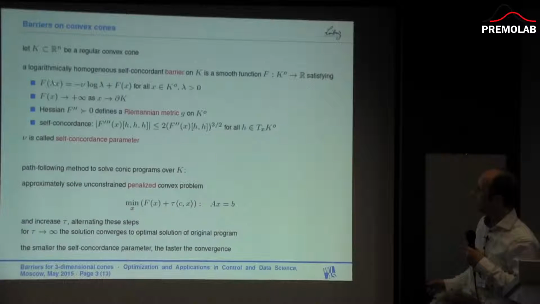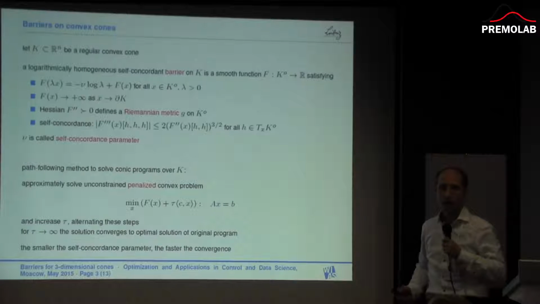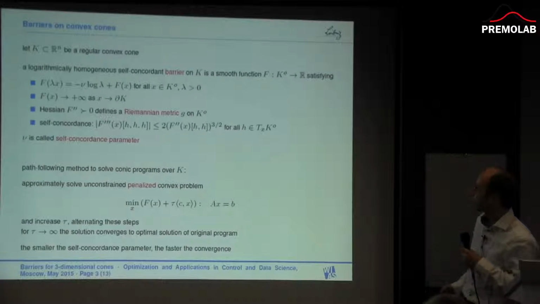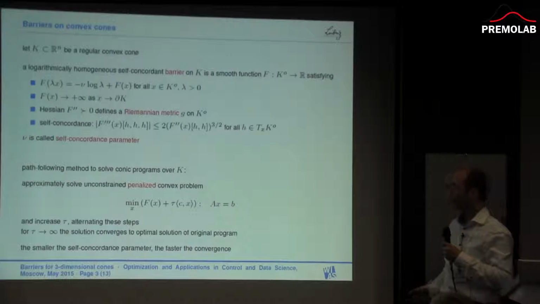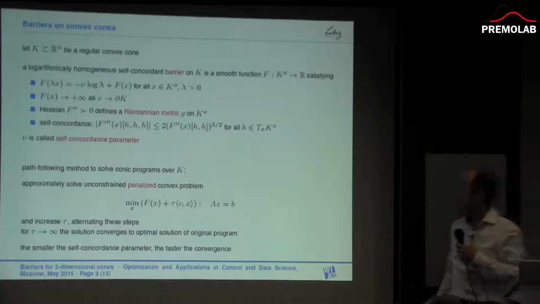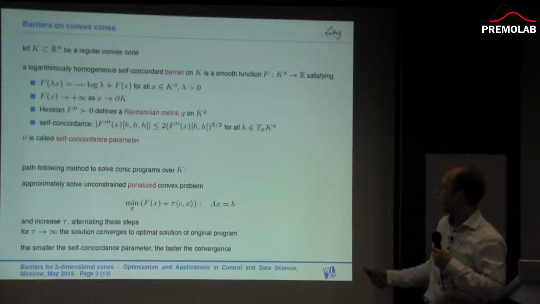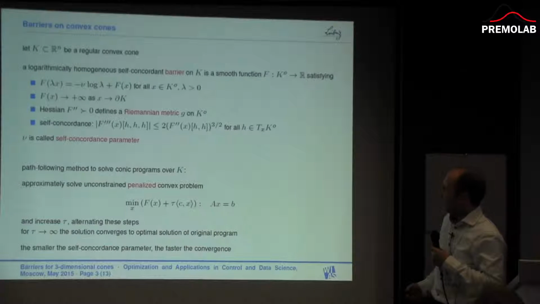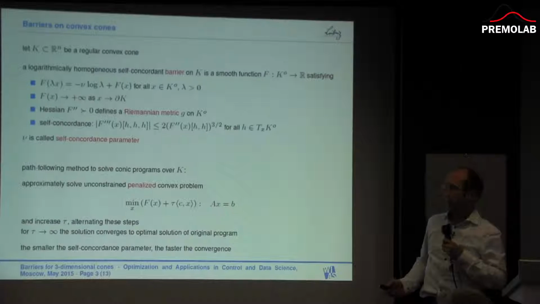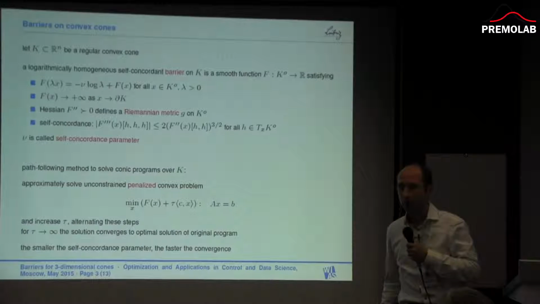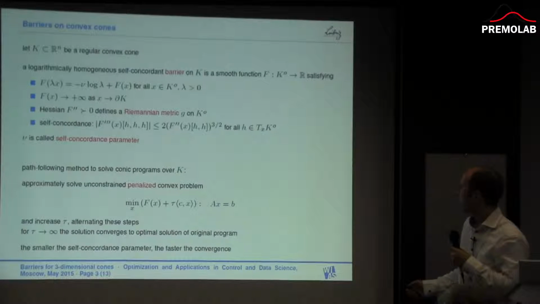That means if you multiply the argument with some constant, then the barrier gets an additive correction with some coefficient nu here, which is called a self-concordance parameter. Then, of course, the penalty moves to infinity if you move to the boundary of the cone. It has to be convex. And it fulfills a so-called self-concordance condition, which bounds the third derivative of the barrier in terms of the second one.